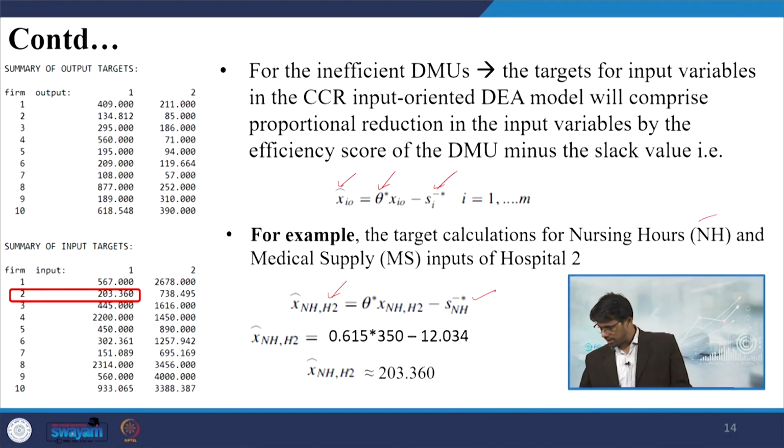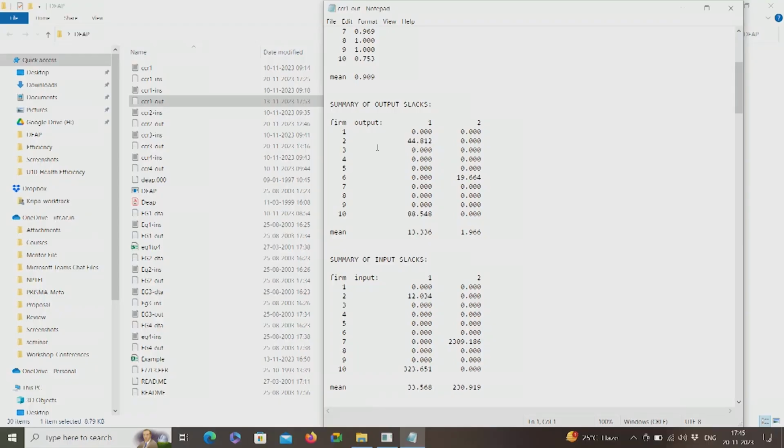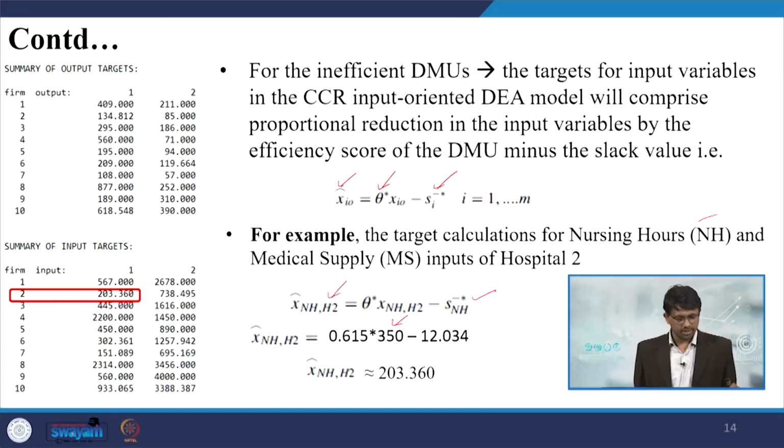So, here it is, 12.034, and that is in the case of inputs, 350. So, the input table, if you remember, go back to the table and check the input respective to the DMU, it is 350. By calculation we find that the target value is 203.360, this is what is derived.